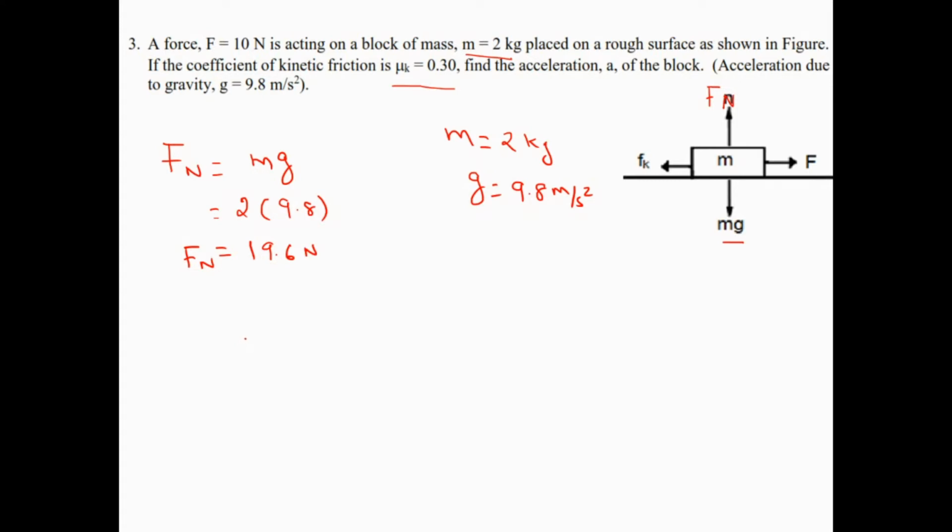Now we have to find the acceleration. For that you have to equate these terms. My rightward force is equal to my leftward force. Am I right? So the rightward force, which is the force you applied on the block, minus the force due to friction, is equal to mass multiplied by acceleration, because we use Newton's second law for finding the acceleration.